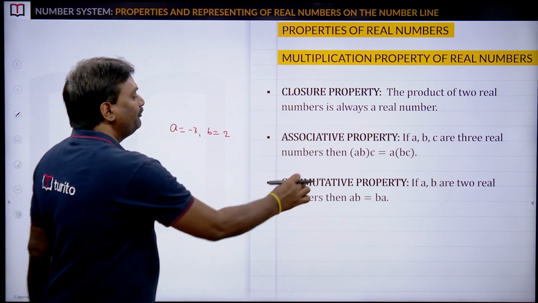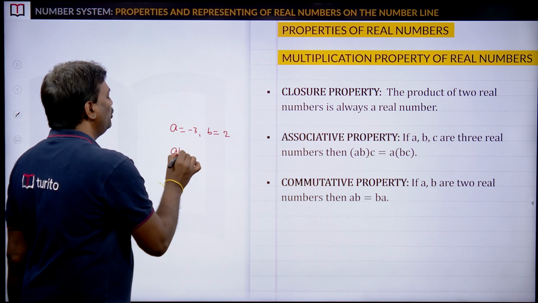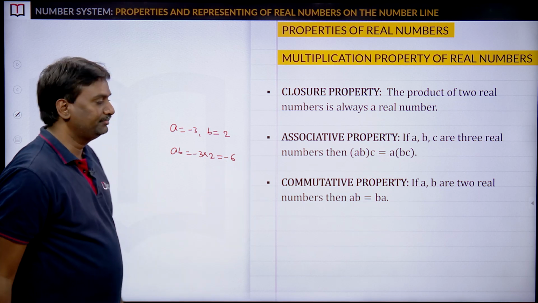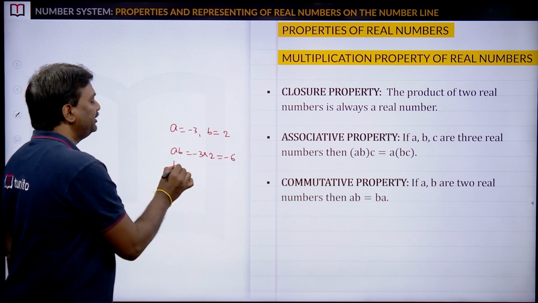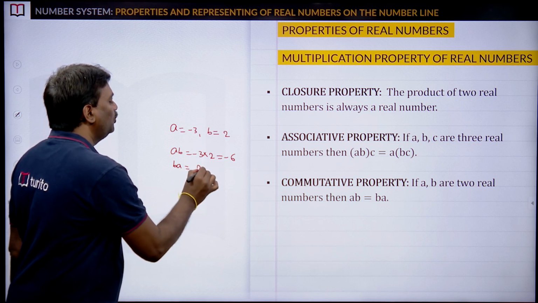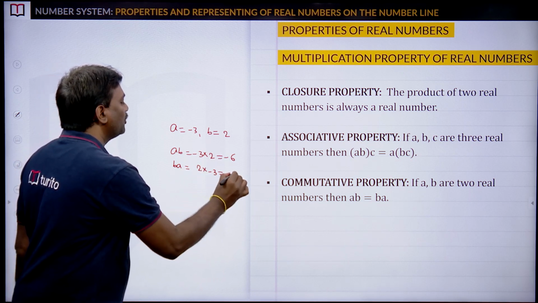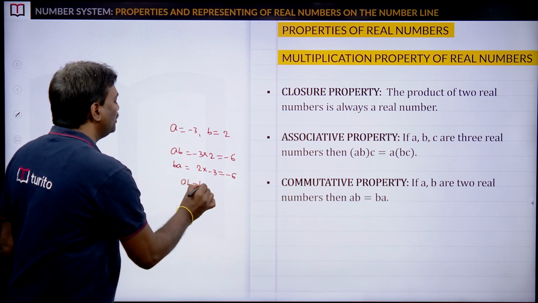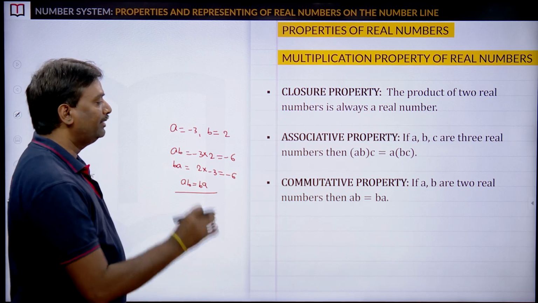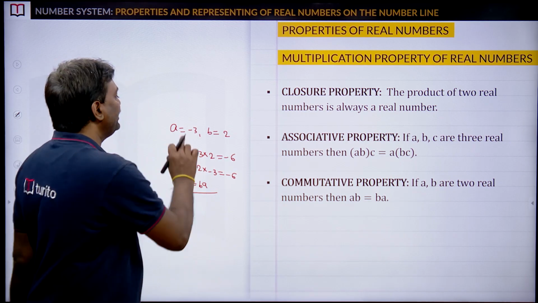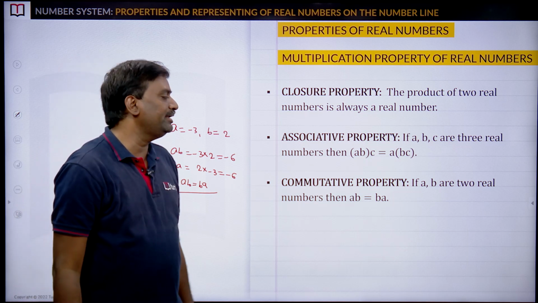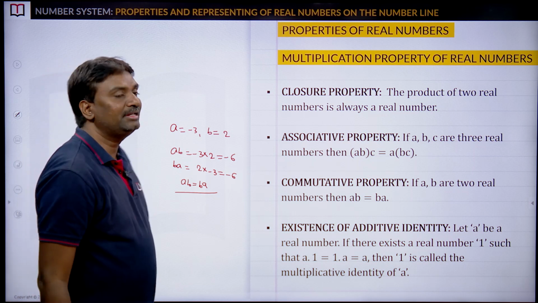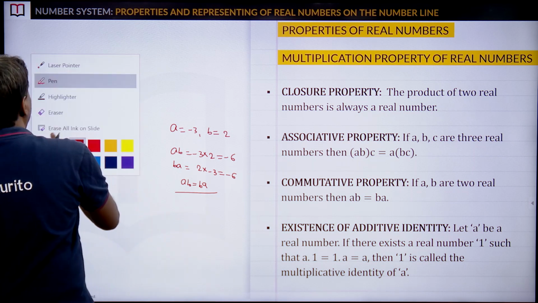AB means A into B, minus 3 into 2, which is minus 6. Next, the RHS is BA. What is BA? 2 into minus 3 equal to minus 6. So, clearly we can say A into B equal to B into A. That is why, with respect to multiplication, we can say the two numbers minus 3 and 2 follow the commutative property.